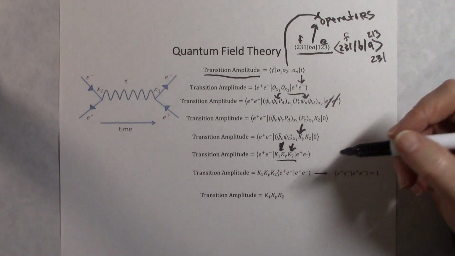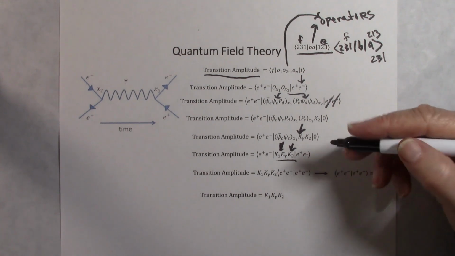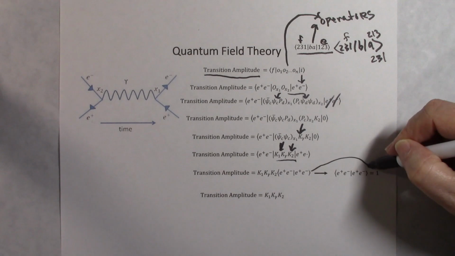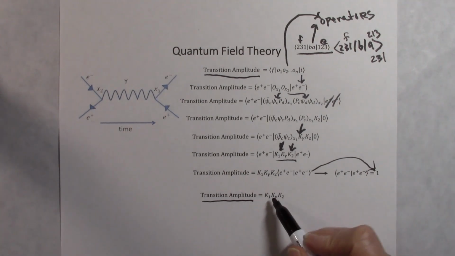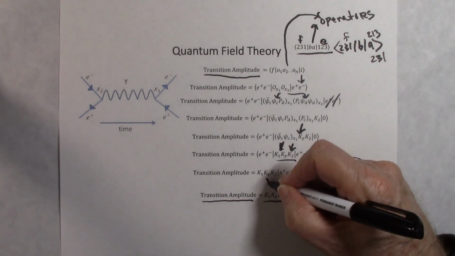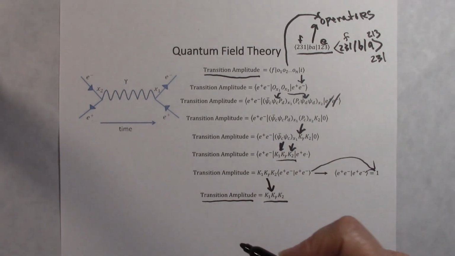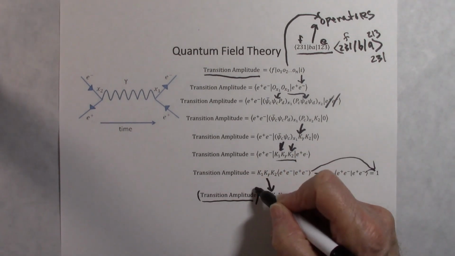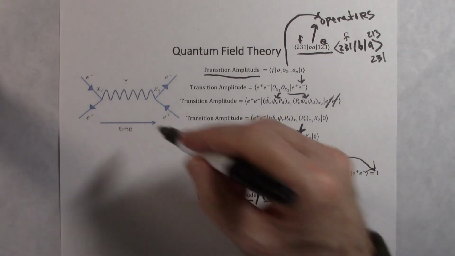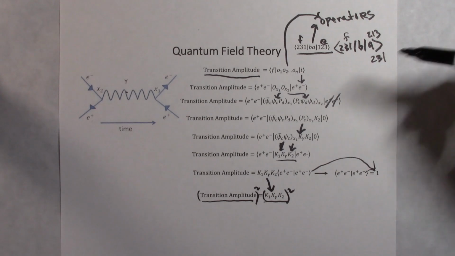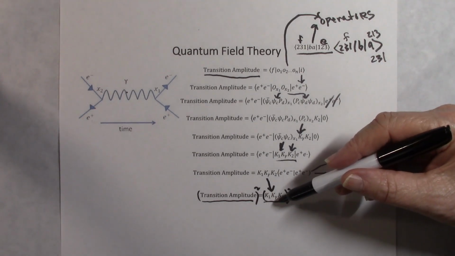And then this inner product here is always defined to be 1 in quantum field theory. The transition amplitude comes out to be these three numbers. The square of this transition amplitude is equal to the probability that this interaction takes place. That's where the probabilities come in.